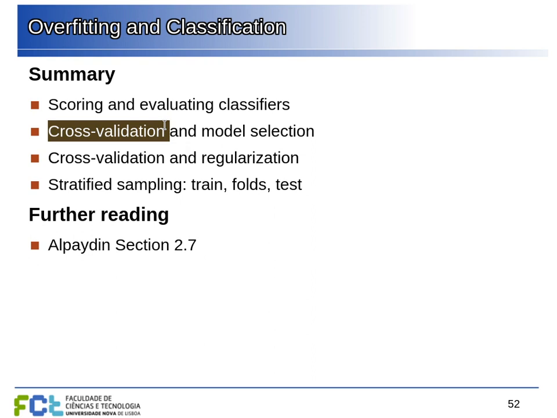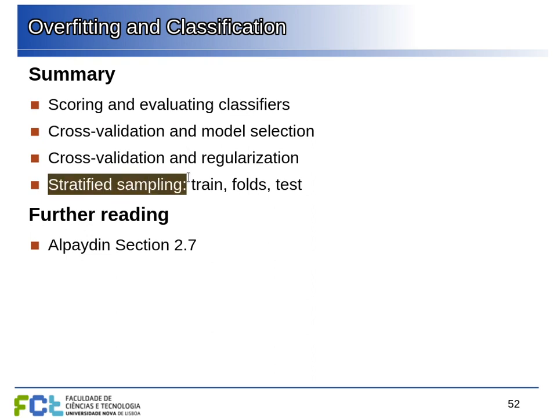After you select it, then you need to obtain your final hypothesis. And for that, you use the whole training set and obtain the final hypothesis. Just remember that at the end, if you do this, all of these estimates become biased. So if you want an unbiased estimate of the true error, you need a testing set. We also saw this problem that we can solve with stratified sampling, which is the problem of when we are splitting the data at random, we can end up with greatly imbalanced subsets of data.